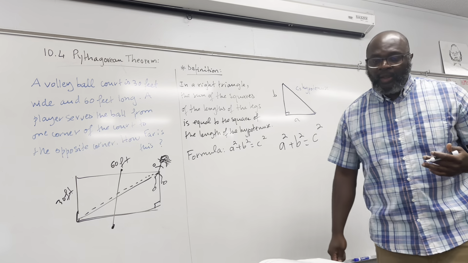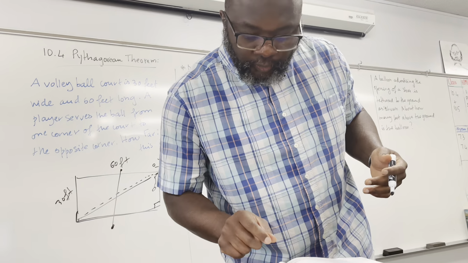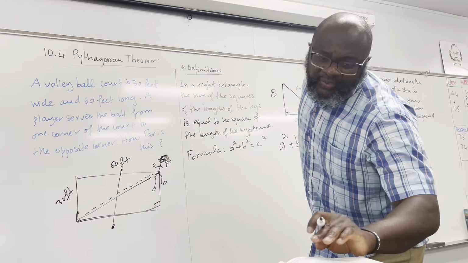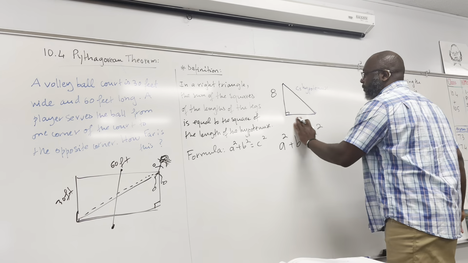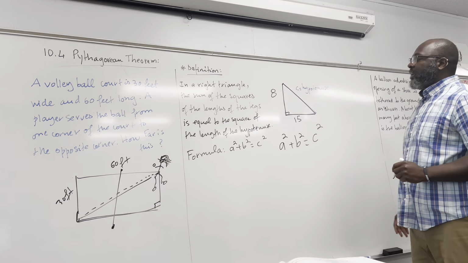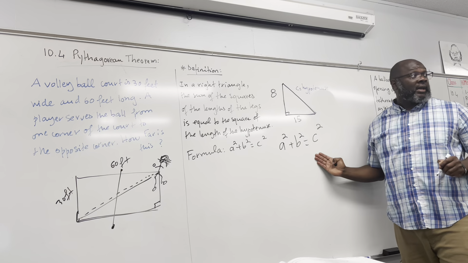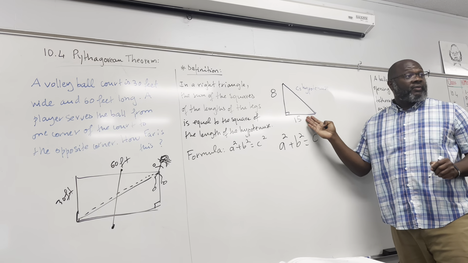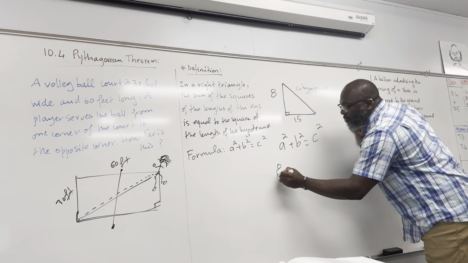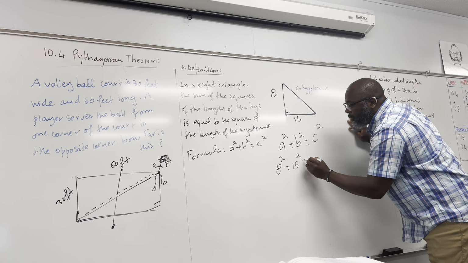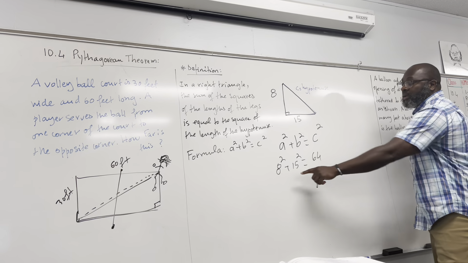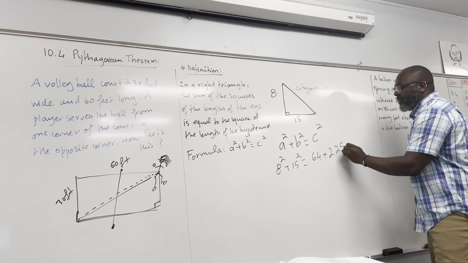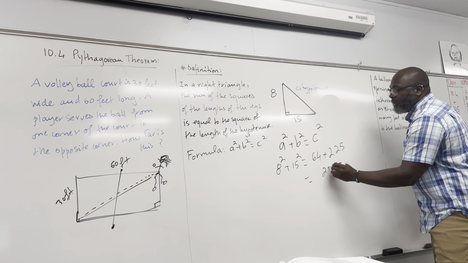And I'm going to prove it to you. Let's assume that we have a triangle with one leg measuring 8 and the other equal to 15. If you want to find the hypotenuse, all you have to do is 8 squared plus 15 squared. 8 squared is 64, plus 15 squared is 225, and that gives you 289.